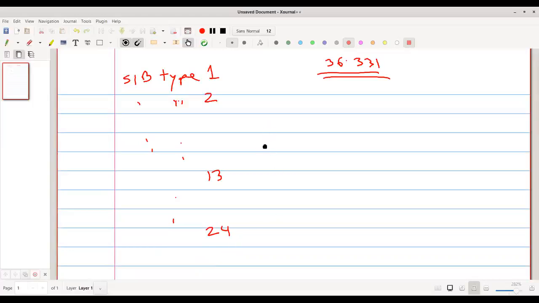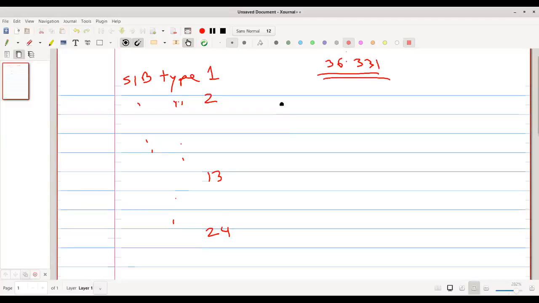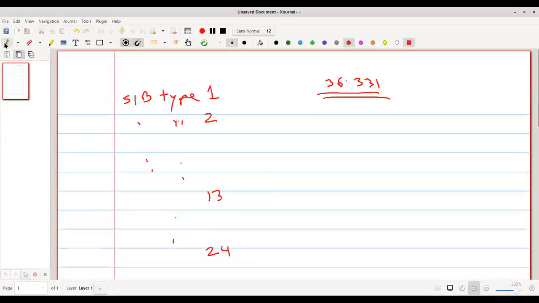Now, these SIB messages or paging messages, the phone reads them in a way that when it wakes up, we know that it reads PDCCH.